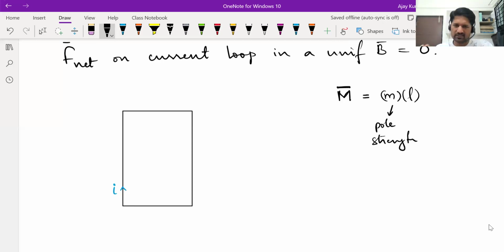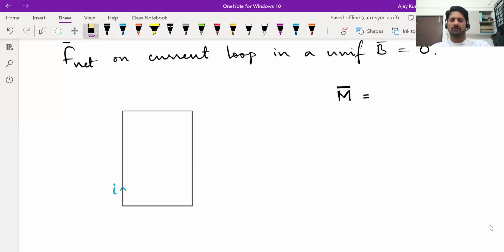This formula is correct only, but I asked you, what is the formula for magnetic moment of a current carrying loop? This ML can be used for a bar magnet. For a current loop, it will be in terms of the current. Can any of you recollect the formula? I into A, sir. Correct. IA. If there are n number of loops, then it is NIA. If there's only one loop, it is IA.